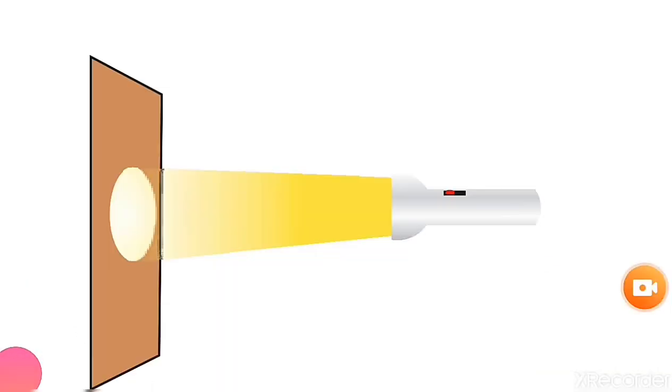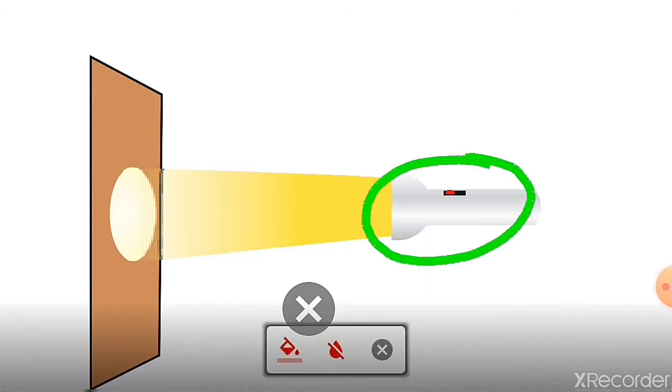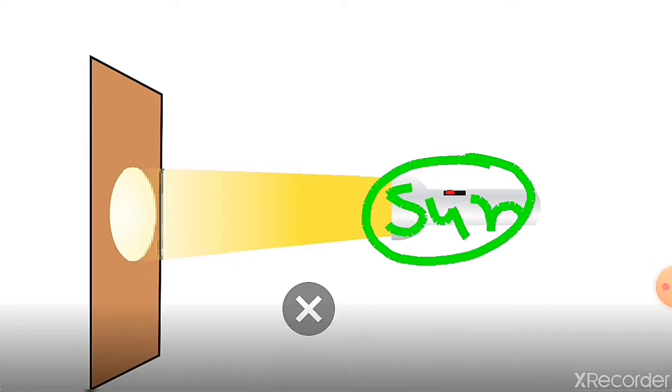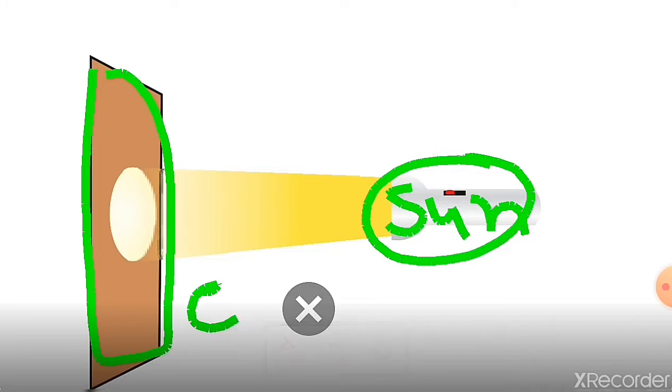Okay, let's understand the light effect on different surfaces. This is your light source, a torch, and this is not a torch, this is the sun. And this is your surface, the earth.